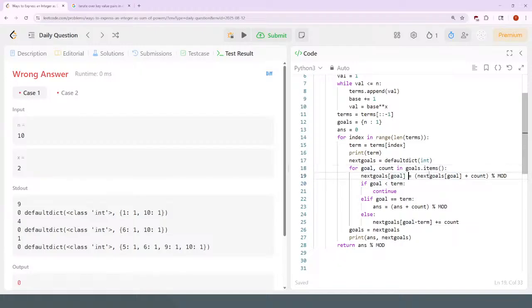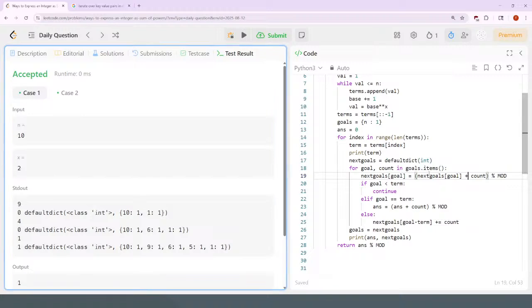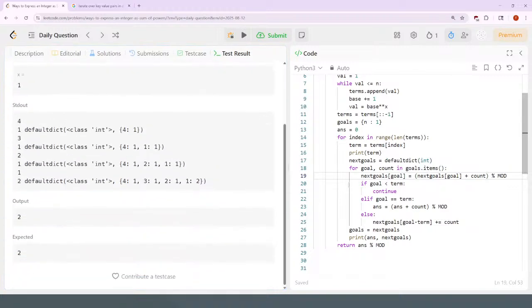Oh, this also should be plus equals. What am I doing? No, what am I doing? I already did the plus right here. Okay. Okay, so that actually works now.